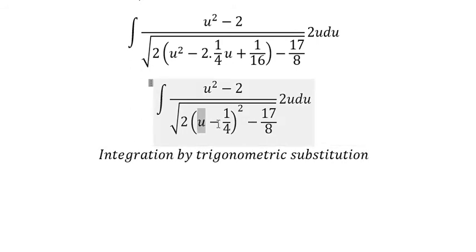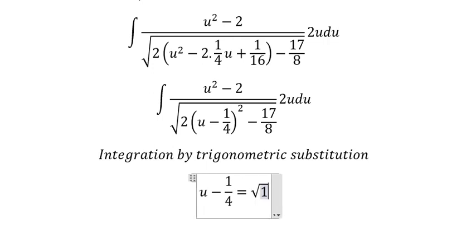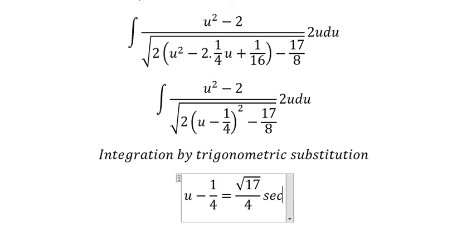So we have u minus 1 over 4. We need to change into the square root of number 17 over 4 multiplied with secant of t.